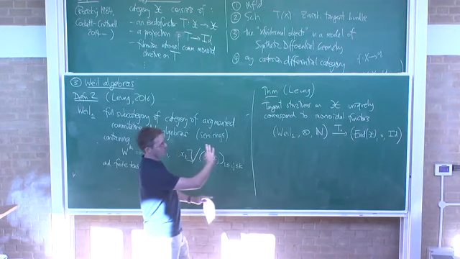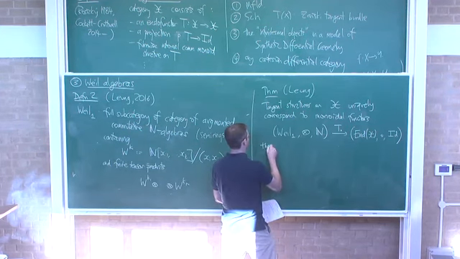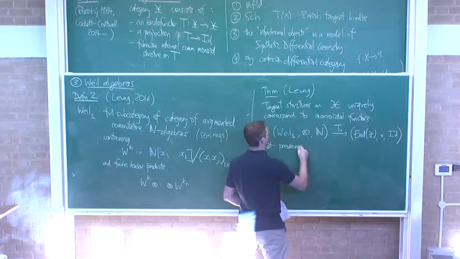Uniquely correspond to monoidal functors like this that preserve certain pullbacks.